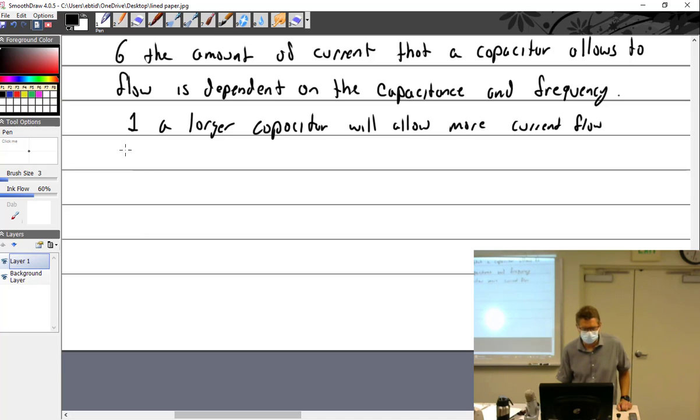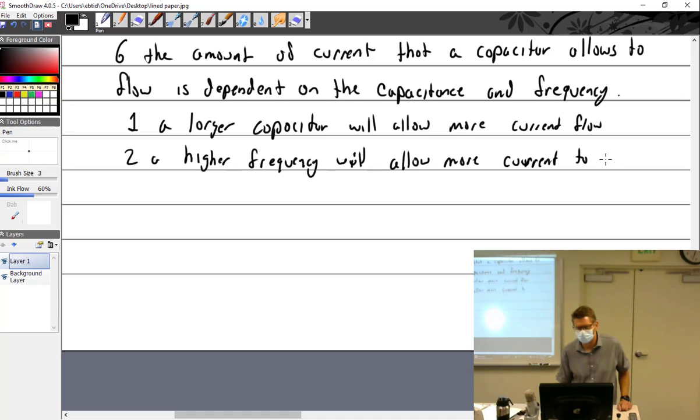And a higher frequency will allow more current to flow. All right, so a larger capacitor allows more current to flow.